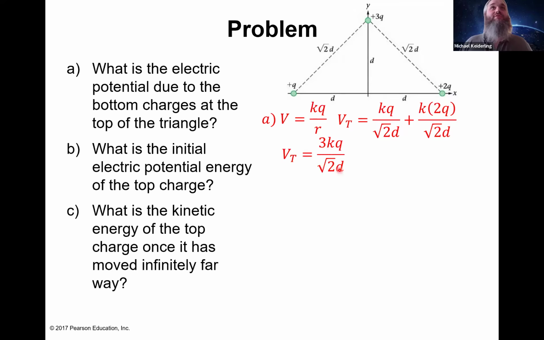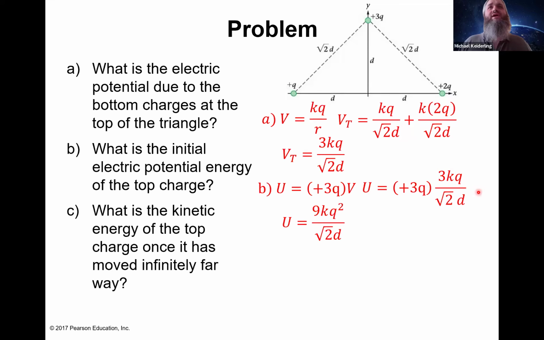So 3KQ over root 2d. Our initial electric potential energy is just going to be voltage times charge. So U is going to be plus 3Q times V. So plus 3Q times 3KQ over root 2d is 9KQ squared over square root of 2d.